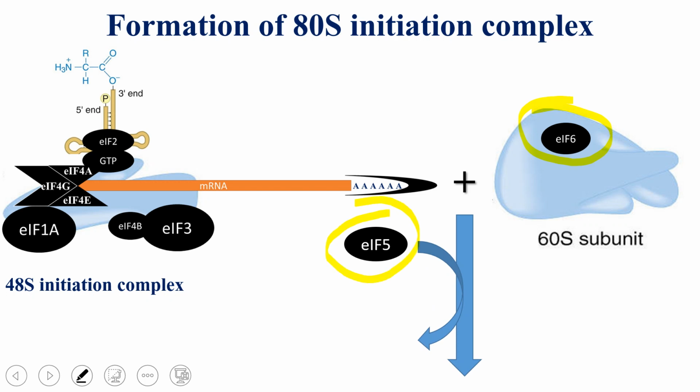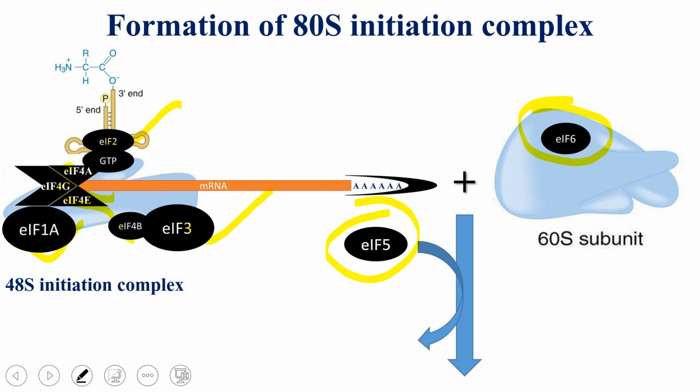So what factors have we used? We have used 1A, 2, 3, 4, all the four complex, 5 and 6. So we have used all the factors: 1A, 2, 3, 4B, 4A, 4E, 4G and 5 and 6.